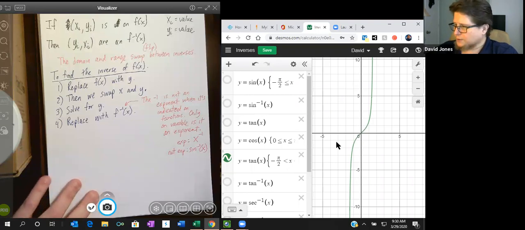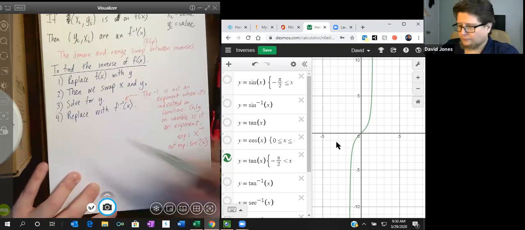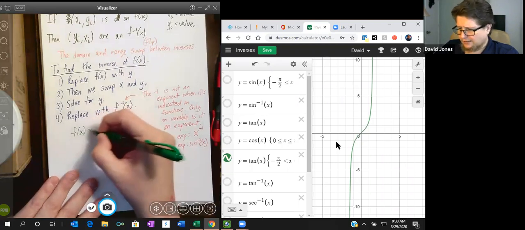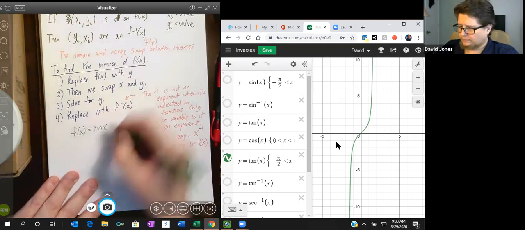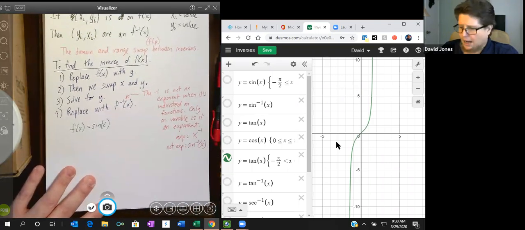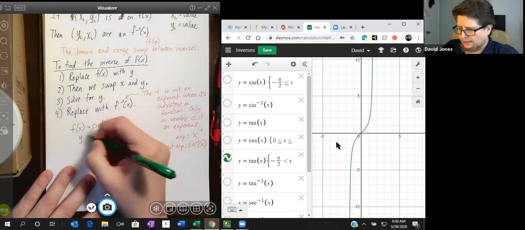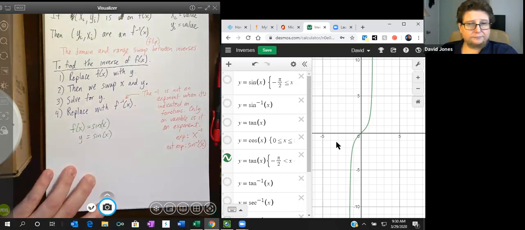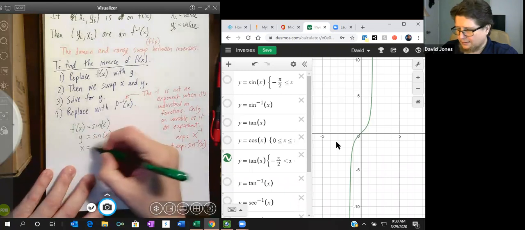So let's see what happens with sine. We start off with f of x equals sine x. I'm going to replace f of x with y. Then I'm going to swap my x and y.